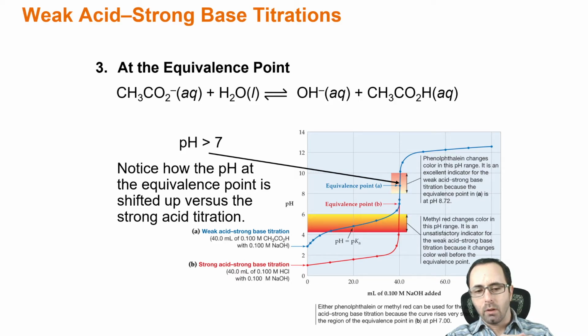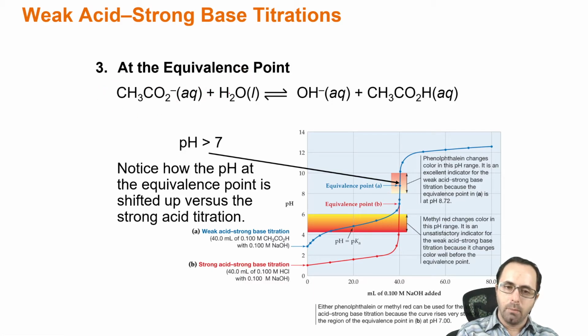We're at the equivalence point. All the acetic acid is gone. We've added exactly as much sodium hydroxide as there was acetic acid, and we assumed 100% reaction. So they're both all gone. All that's left is the acetate ion. So we have the acetate ion and water.